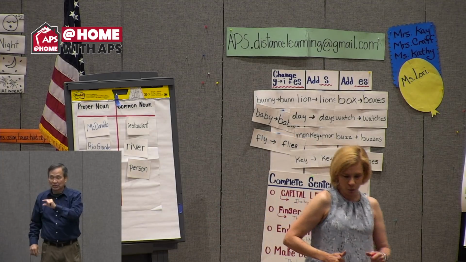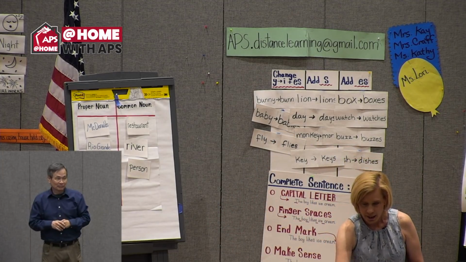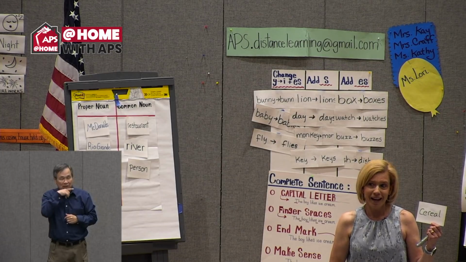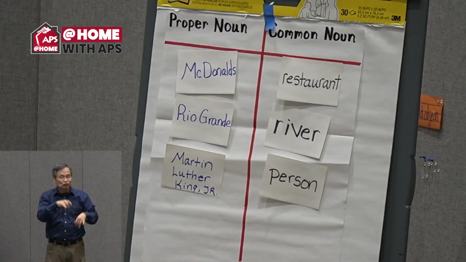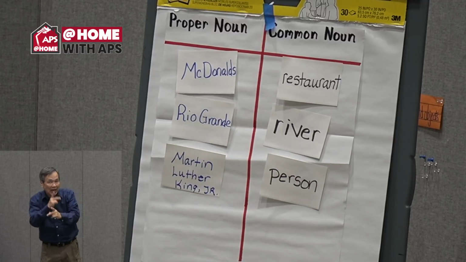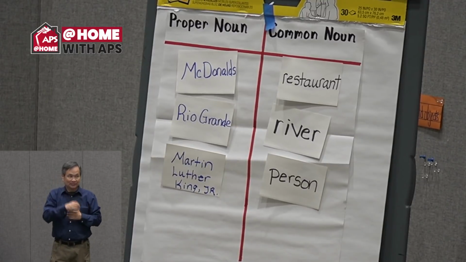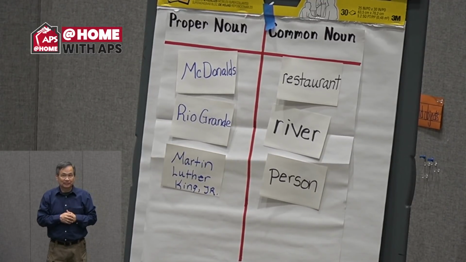All right, let's try one more. If we eat for breakfast, if we eat some cereal, that's a common, right? Well, I don't know what kind of cereal you eat. Could be lots of different varieties. Let me tell you what kind of cereal I eat, and that is Raisin Bran.